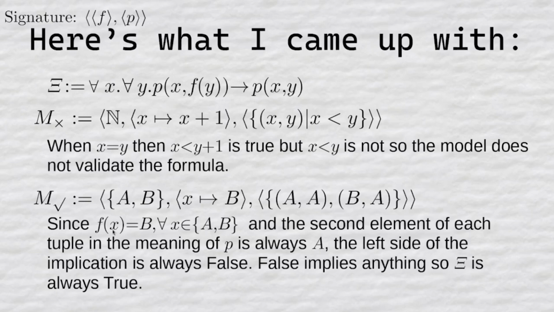We can use false elimination here, because P of x and f of y is going to be false, because it's always x and b whatever y is, and P is only true when the second element is a, and since the first part of the if statement is always false, whatever we put afterwards is valid. It's fine.